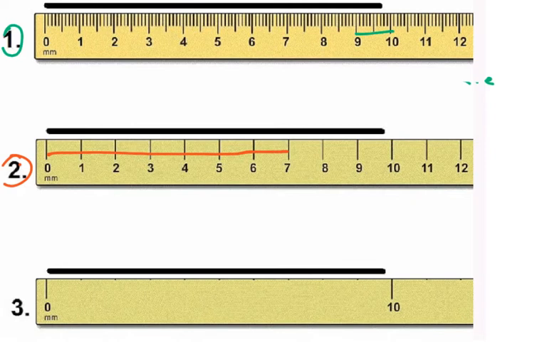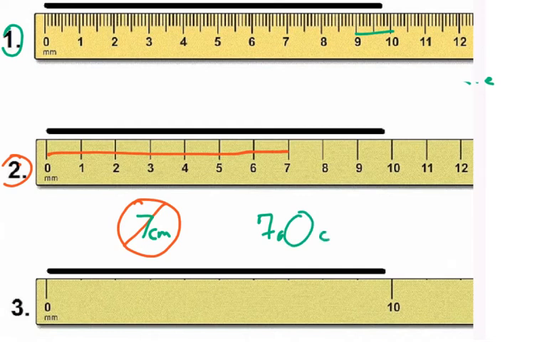For this ruler, it would be bad to say this is 7 centimeters, okay? What you should say, to maintain the precision of the device used, is 7.80 centimeters. This tells you that the instrument used could get this granular.